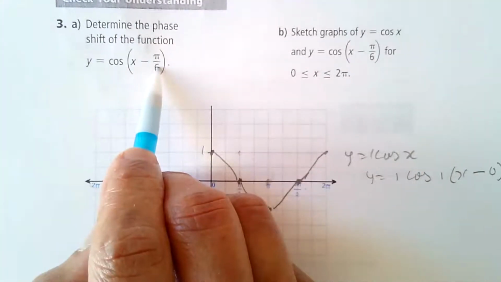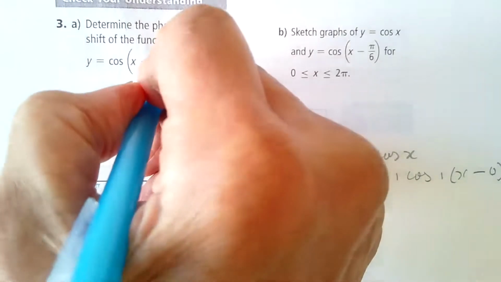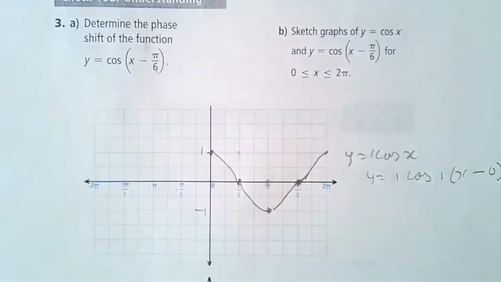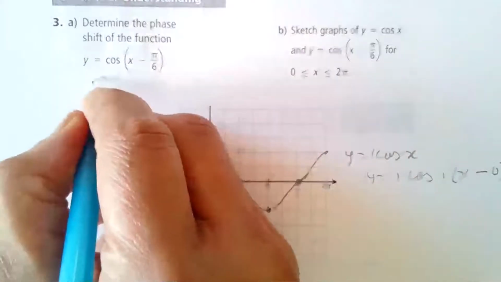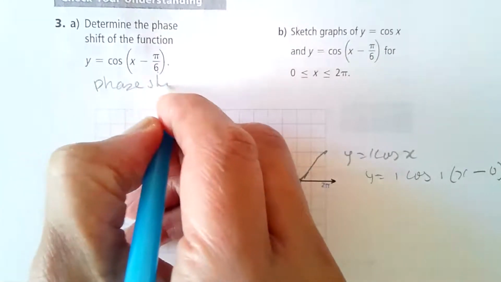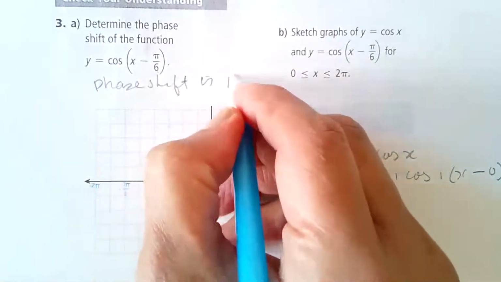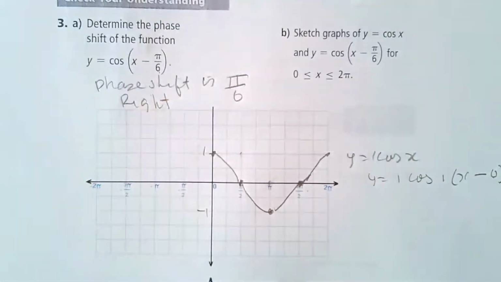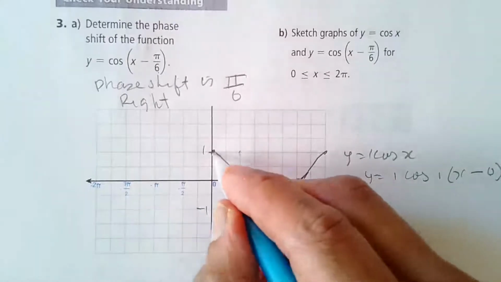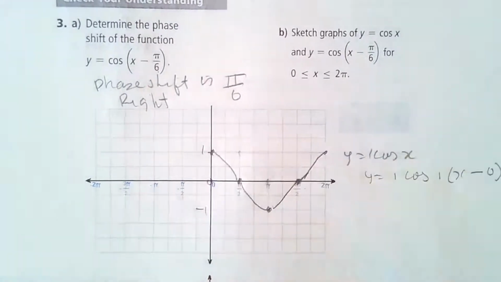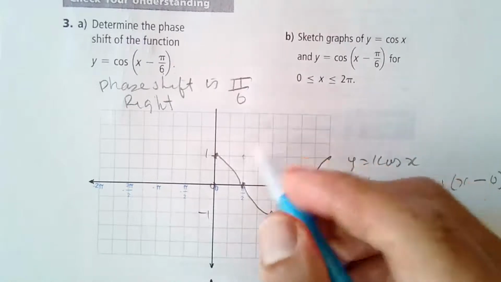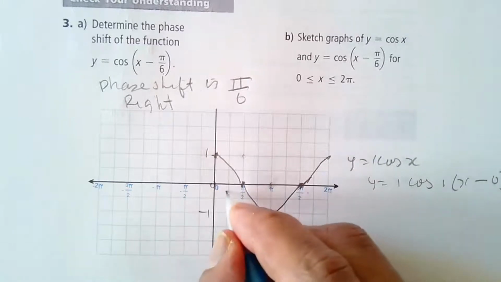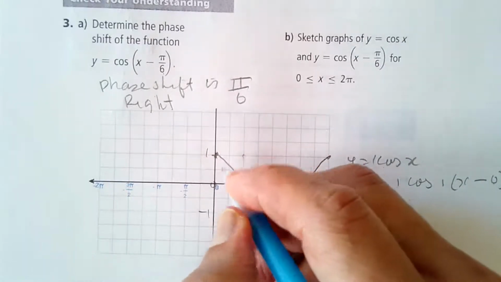But if you look at this one here, the phase shift now is going to be pi over 6 units to the right. So instead of this graph starting from 0 here, where the y-intercept is 0, it's now shifted pi over 6. We know this is going to be pi over 4, so pi over 6 would be somewhere here.